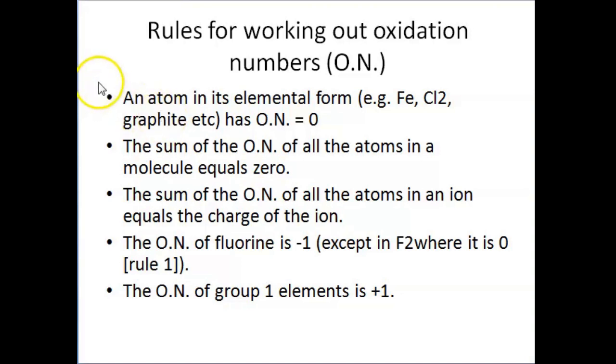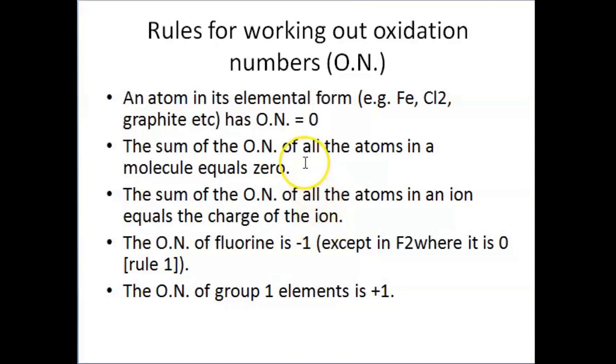If you are taking an atom in its elemental form, the oxidation number will be equal to 0. And the sum of the oxidation number of all the atoms in a molecule is always equal to 0. The third rule says the sum of the oxidation number of all the atoms in an ion will be equal to the charge of the ion.